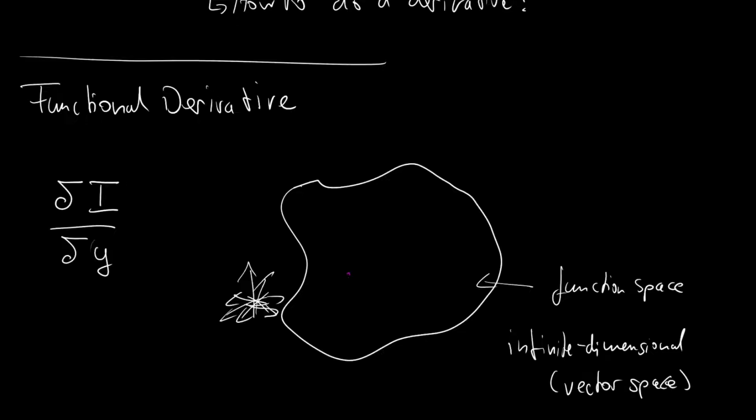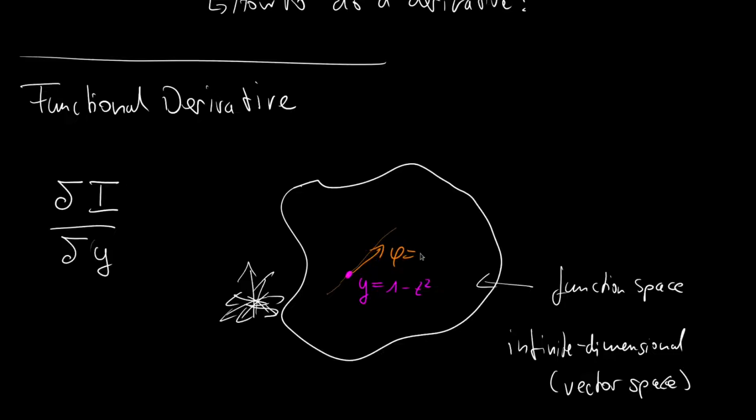Inside the space, we will also find our true solution, which was 1 minus t squared. We can now move alongside a function in this function space. For instance, let's say we have this direction and we see a function in here, and it will be like a vector.